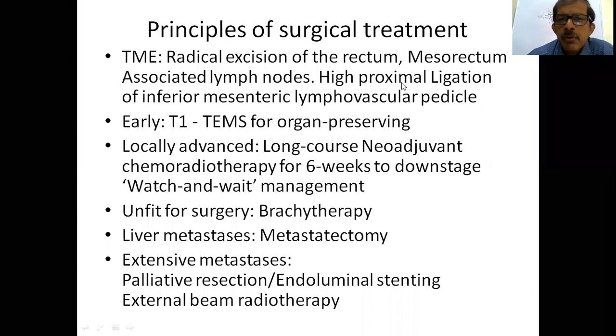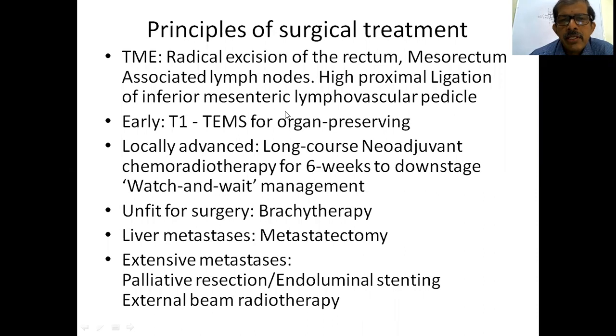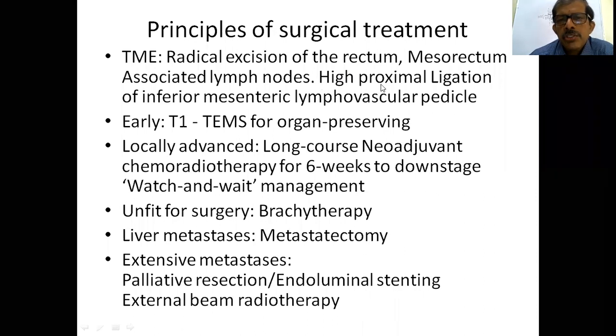So high proximal ligation of inferior mesenteric lymphovascular pedicle. You have to ligate as far above as possible, almost at the insertion of inferior mesenteric vein into the splenic vein or the origin of inferior mesenteric artery from aorta, so almost at L3 level.